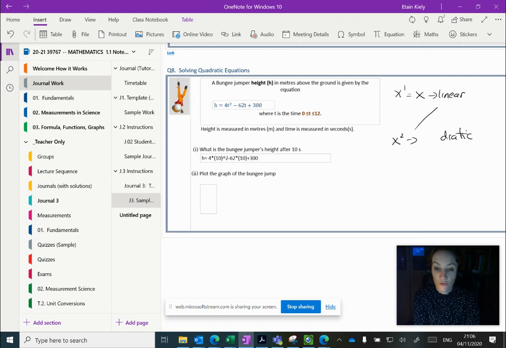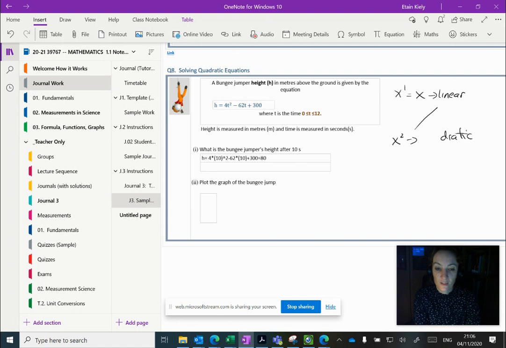And remember, OneNote should do the work for you. If we press equal to in space, it does it for us here. So the answer to this one is the height is equal to 80 meters. After 10 seconds, he's fallen to a height, or she, of 80 meters.